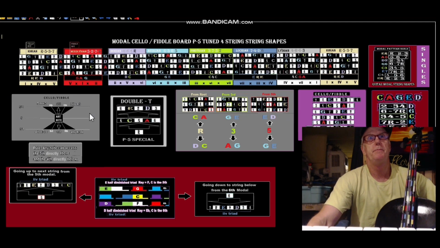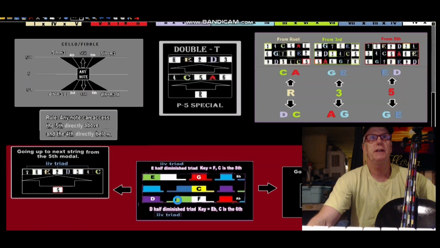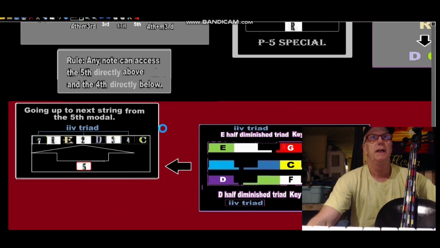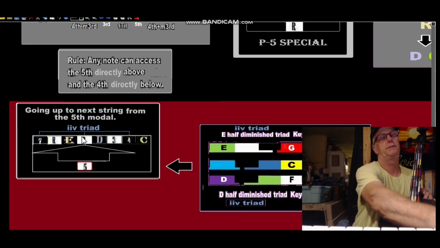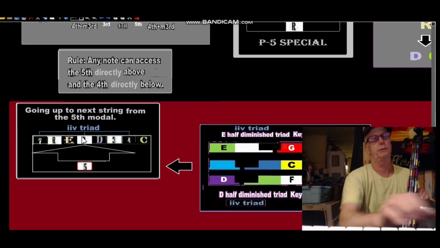For instance, yesterday we didn't really cover this, and that is if you're on the 5th, and you go up to the 2nd, that's going to be a scale 1, 2, 3, 4, 5, a modal scale of 5.